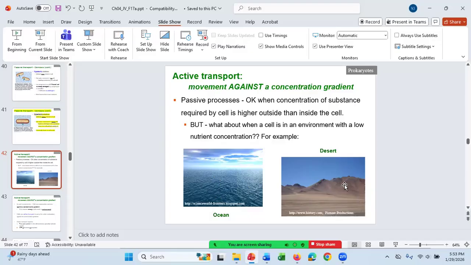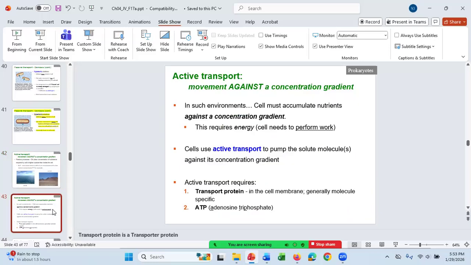What's a cell to do when it wants to move something from an area of low concentration to an area of higher concentration? It uses active transport, moving a molecule against its concentration gradient. This requires energy. It takes work to move the molecule against its concentration gradient, and the cell will obtain that energy from ATP.